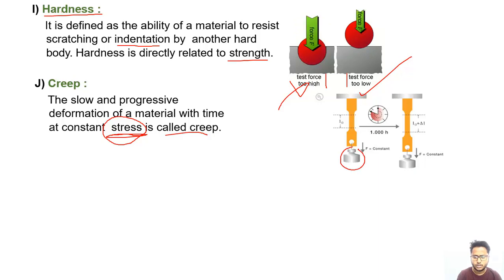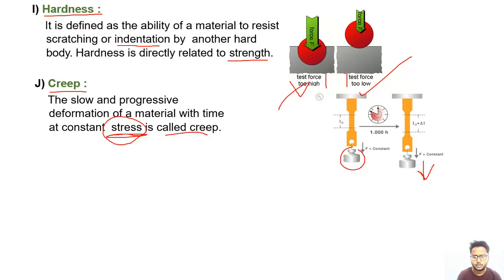We can see many examples, like a bell or any hanging items under a constant load. It will not fall down and will not fracture, because at room temperature it will not show the phenomenon of creep. If we increase the temperature here, it will very gradually go down and down, and finally break because of the higher temperature.